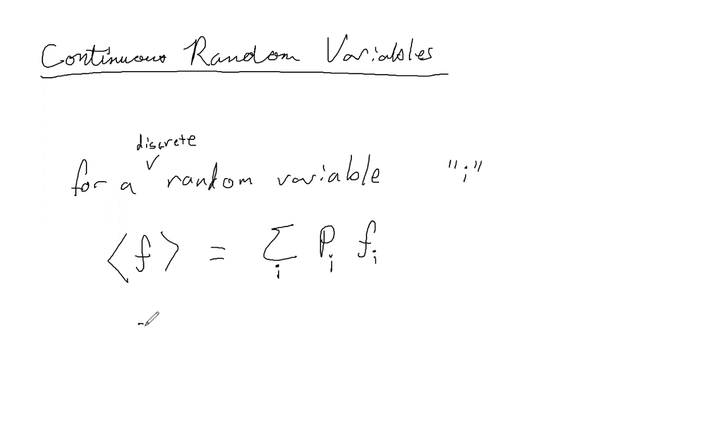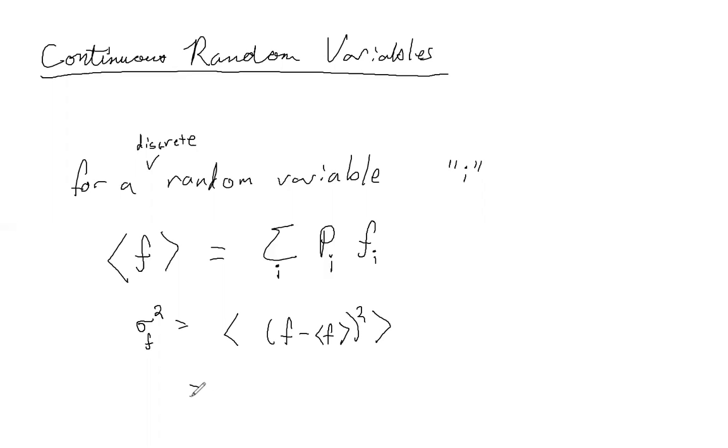And we had things like the standard deviation in F. The standard deviation squared is easier to write down here, is the average of F minus its average, squared. To get the standard deviation, you take the square root of that.